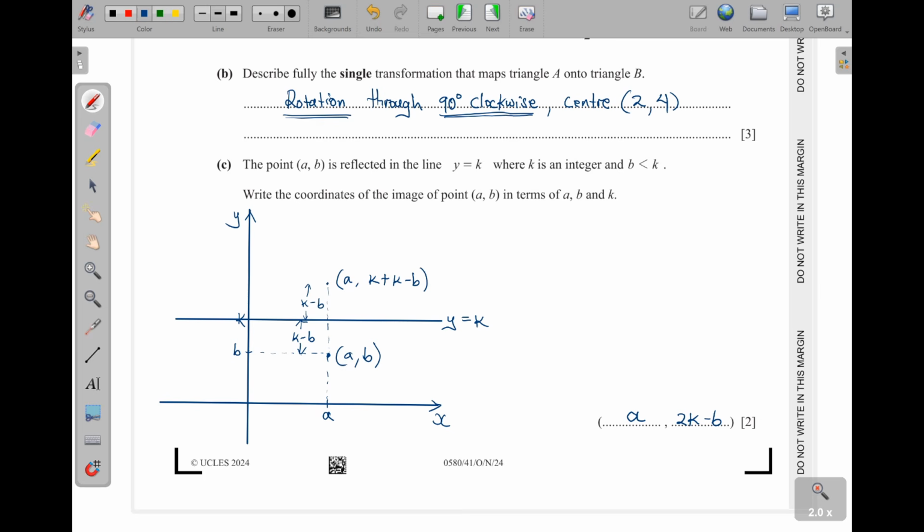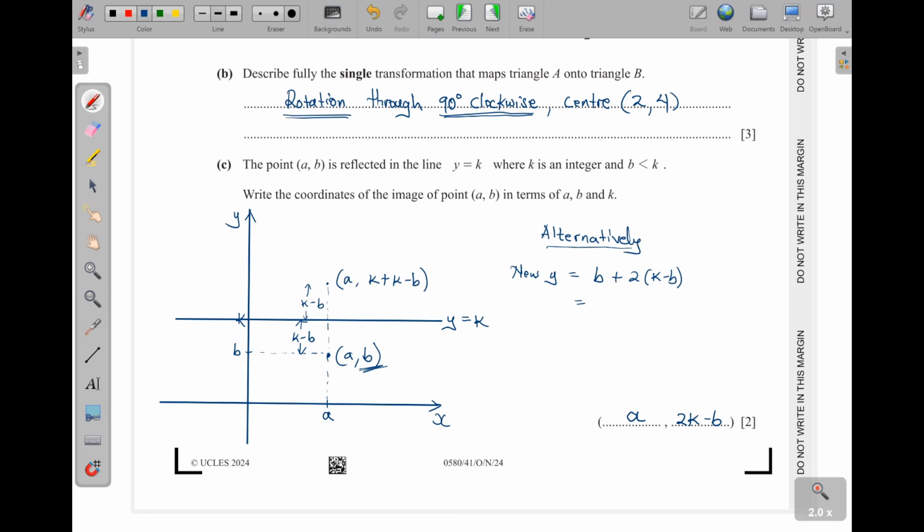Alternatively, how you get the y coordinate: it is going to be this y coordinate, which is b. So I can say new y is going to be equal to b, plus the whole of this distance here, which is 2 into k minus b.